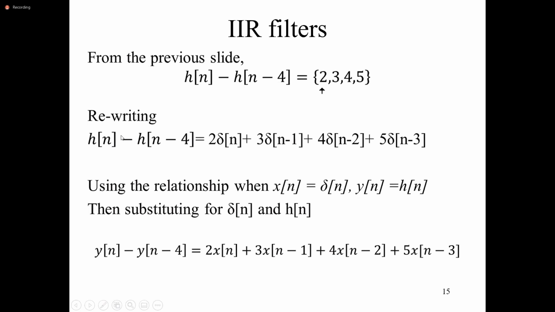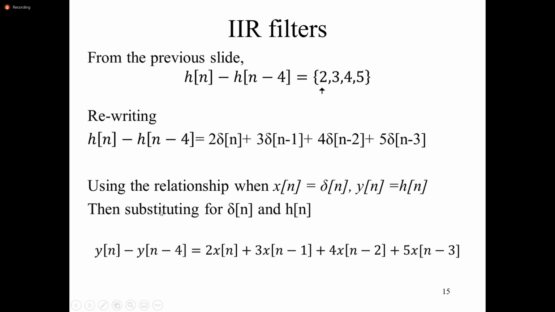So we can rewrite our equation in a more mathematically acceptable form, where the left-hand side is determined by this: 2 delta n plus 3 delta n minus 1, 4 delta n minus 2 plus 5 delta n minus 3. So here, this part is representing this part.